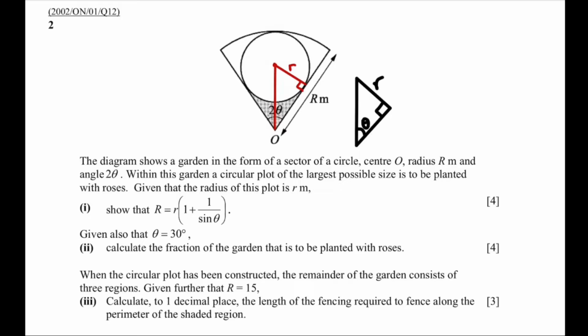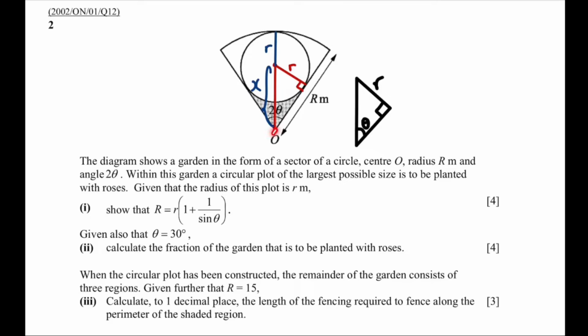If I connect it like this, this will be my small radius r, and this one I will give another unknown. Use any unknown that you want. In this case I use x.